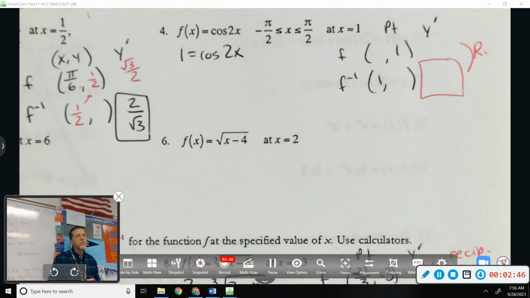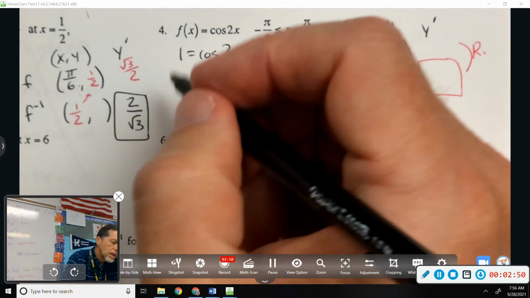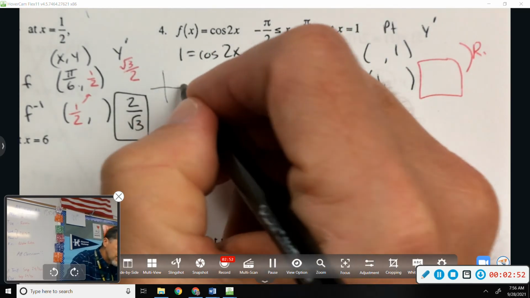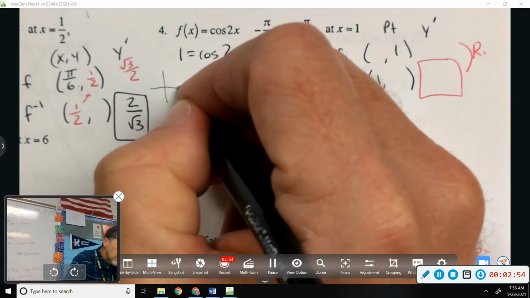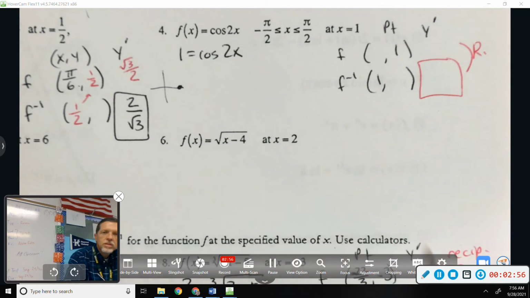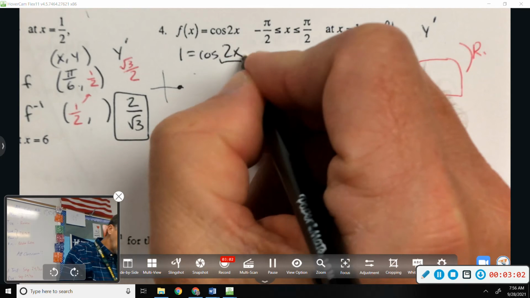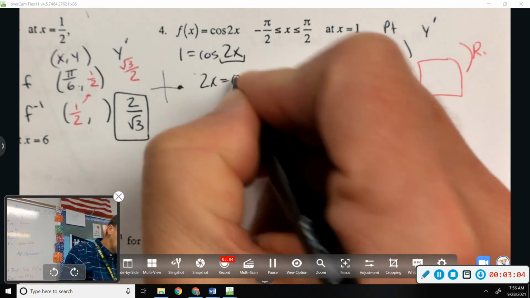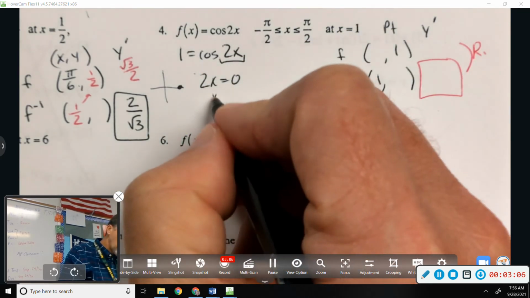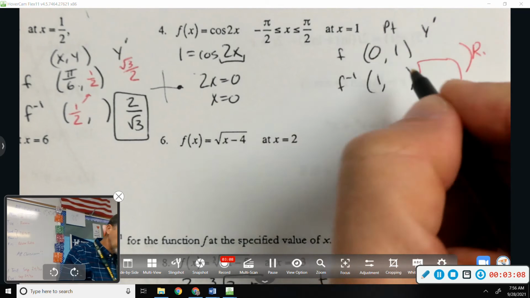Okay, so cosine equals 1 at 0. Yeah, the cosine of 0 is 1. So that means that 2x has to equal 0. So x equals 0.